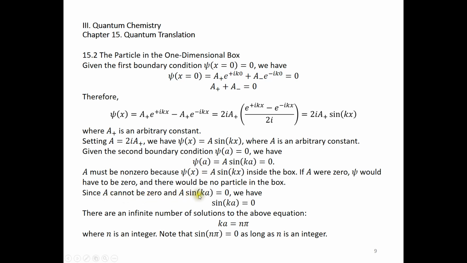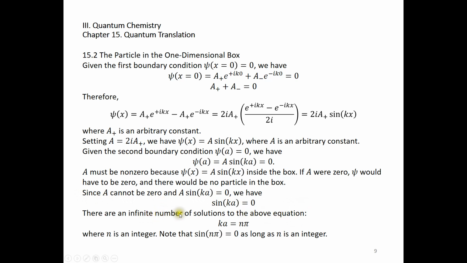Alright, then sine ka has to be 0. Now let's examine this. What kind of values can this ka have? We need to review sine functions. We know sine 0 is 0, sine pi is 0, sine 2 pi is 0, sine 3 pi is 0, sine negative 5 pi is also 0.